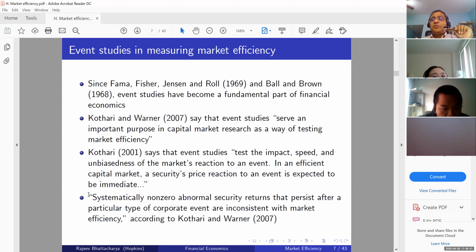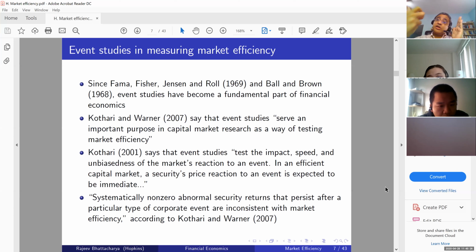That's the point I was making earlier. Systematically non-zero abnormal security returns that persist are inconsistent with market efficiency. So the idea is that persistence: if there is an event, there should be an immediate reaction, and then the reaction should drop off. If the reaction persists, then it is not efficient, because the immediate reaction should happen.